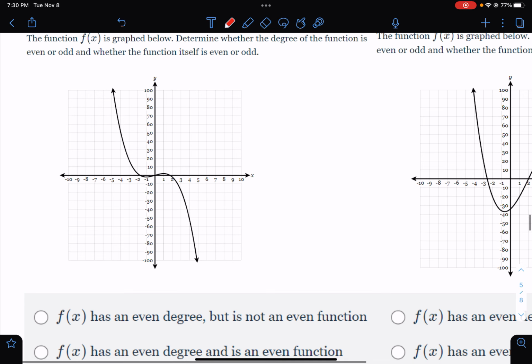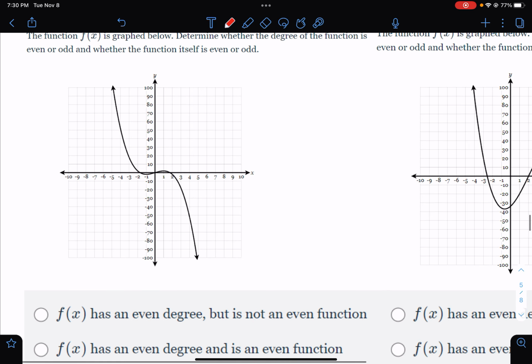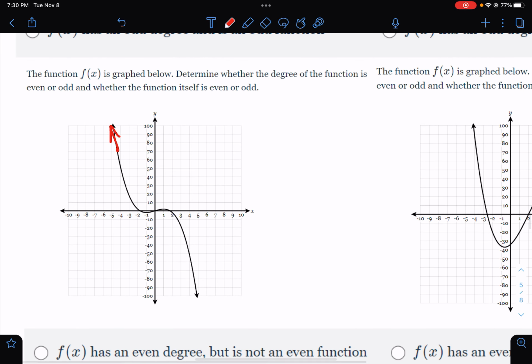All right, next one. This one, our end behavior is in opposite directions. That's going to be an odd degree, right? Specifically, it would be an odd degree with a negative leading coefficient. But we've got an odd degree, and now we have to determine if it has that symmetry, okay?